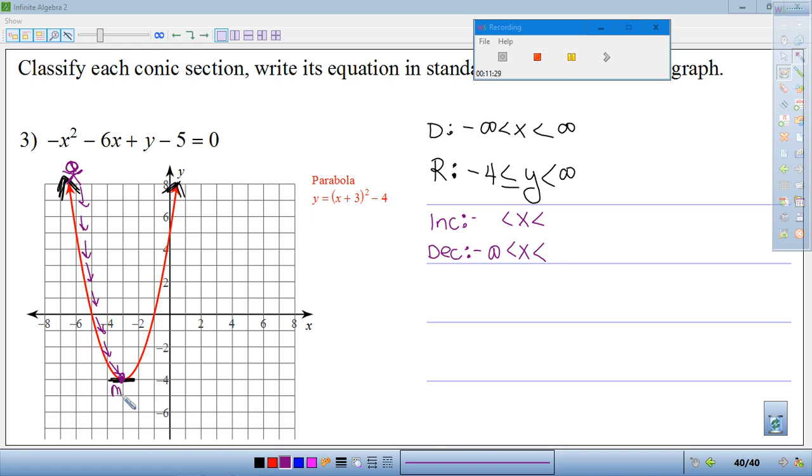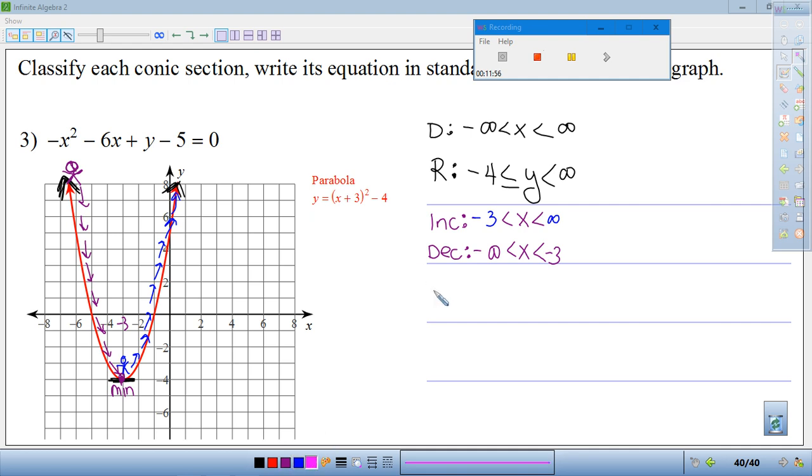This bottom point is called a minimum. And this happens at the x value of -3. So I'm done decreasing at -3. I take a little break and I start walking up the hill. So I start increasing at -3. And I keep increasing. Well, the arrow on the red line goes on forever. So I increase to infinity.